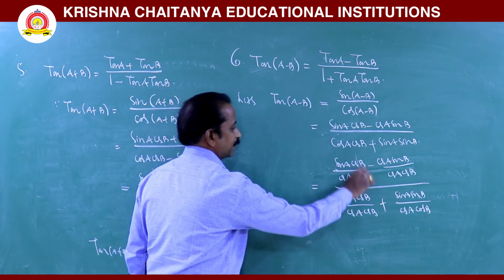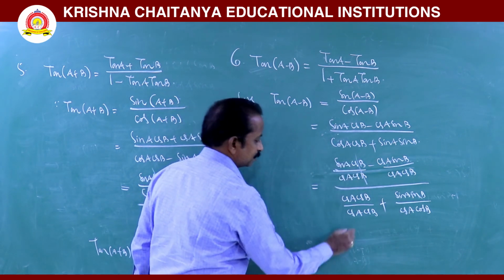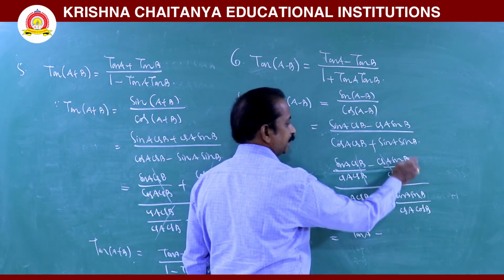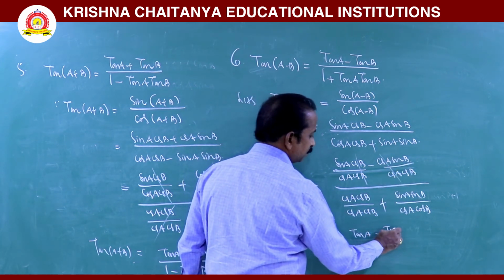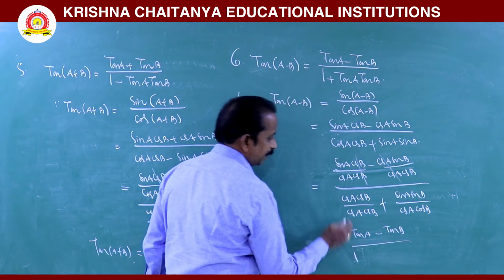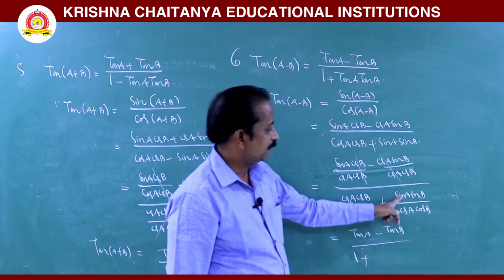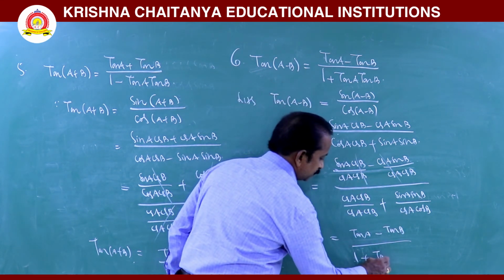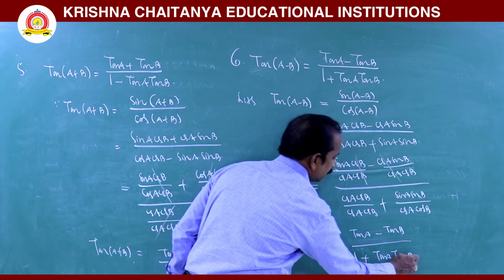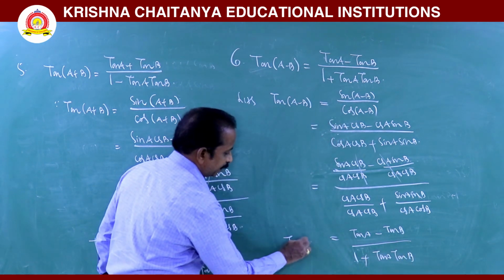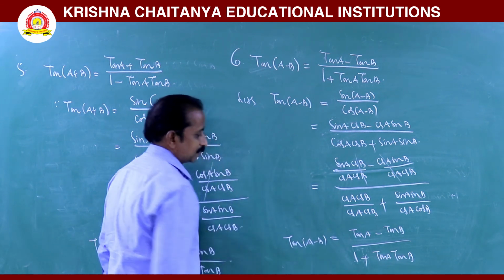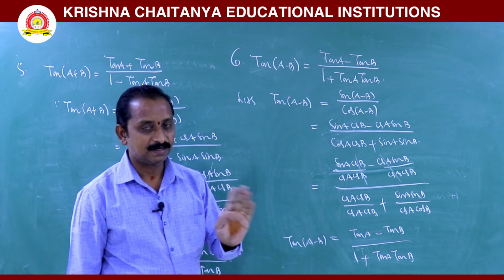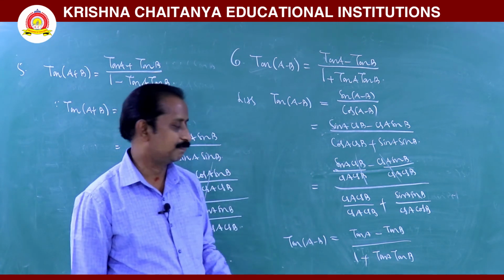So after cancellation, sin A by cos A gives us tan A minus, cos A getting cancelled, sin B by cos B nothing but tan B, divided by 1 plus sin A by cos A, tan A, sin B by cos B, tan B. So this is tan A into tan B. So this is the basic of tan of A minus B. Here also A, B and A minus B are not odd multiples of pi by 2.